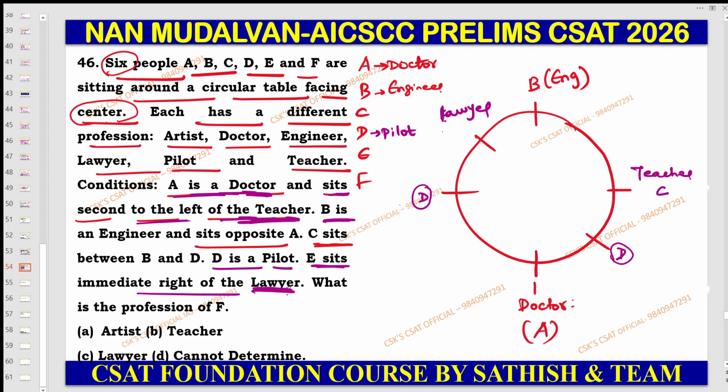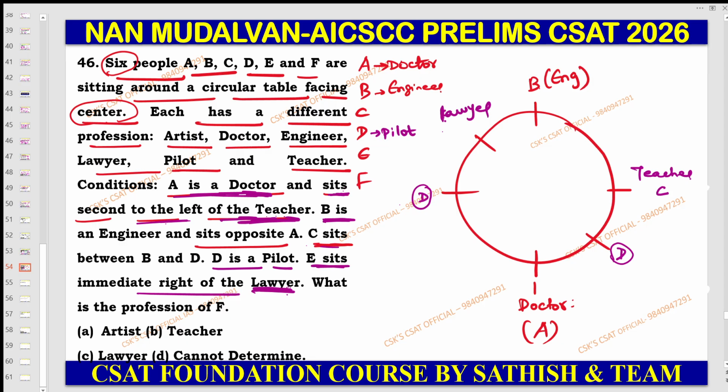B is an engineer. A is a doctor and sits second left to the teacher. Yes, it satisfies. B is an engineer, sits opposite A. Yes, it satisfies.